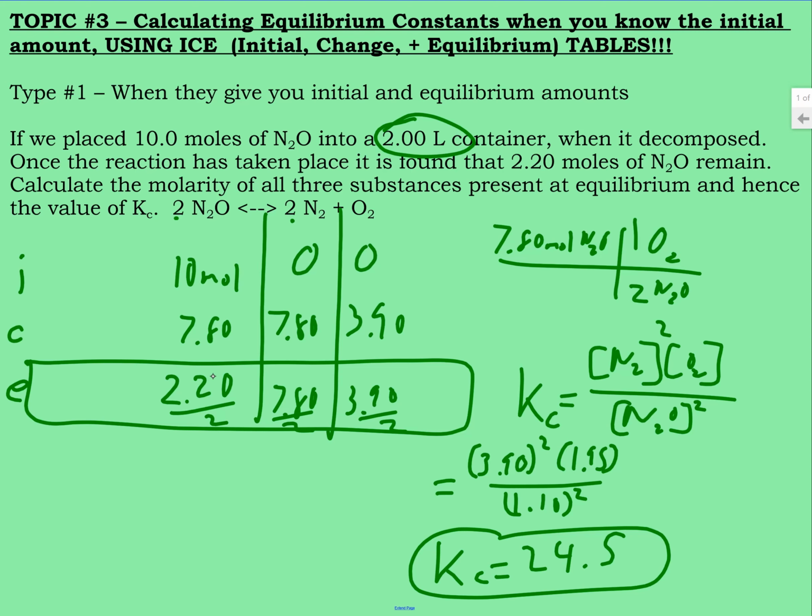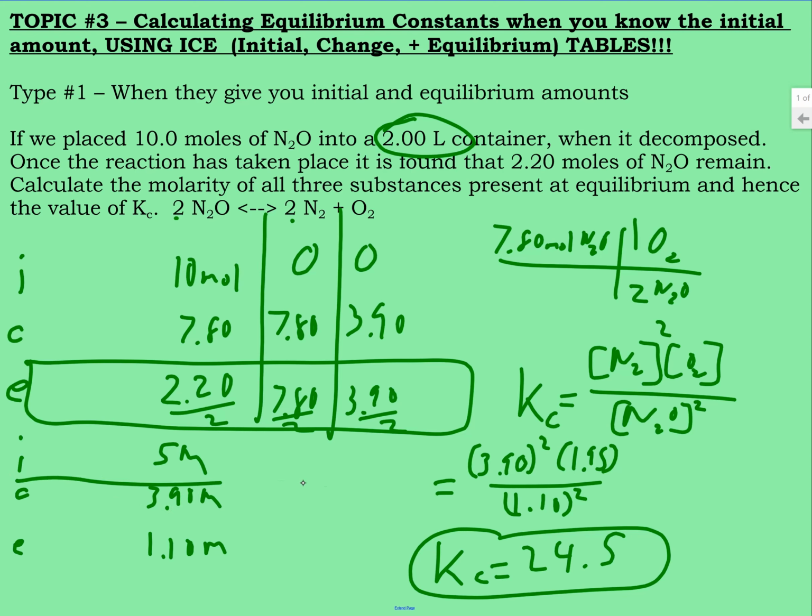And as I said, I did it with moles, but we should go ahead and show that you can do it with concentration also. So I could have started off with 5 molar, and I ended with 1.10 molar, so that means my change in concentration was 3.90 molar.